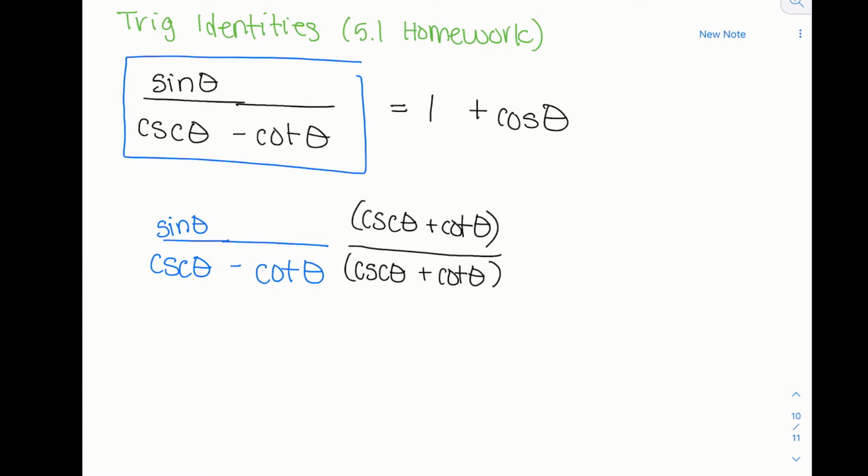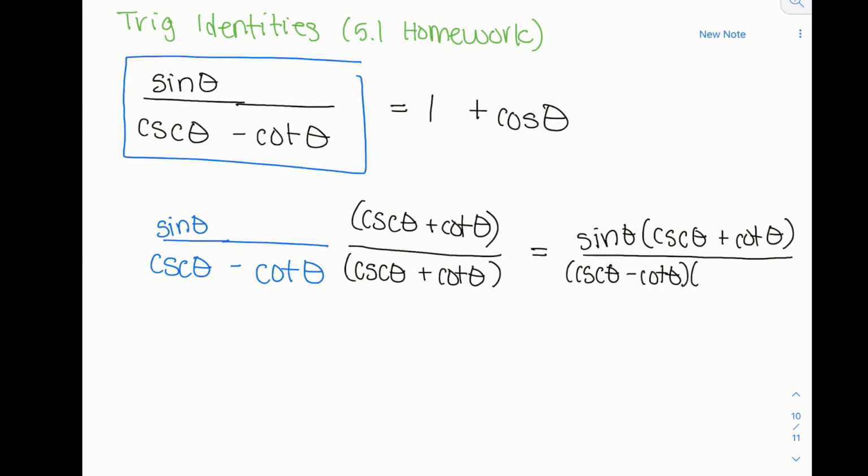So if I multiply here, I get sine of theta times cosecant theta plus cotangent theta, all over cosecant theta minus cotangent theta, and I'm going to show why I would do this.